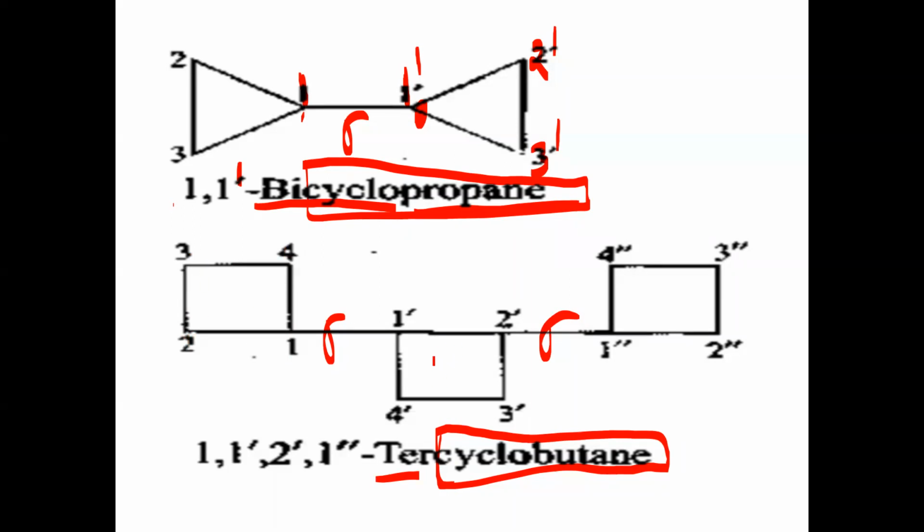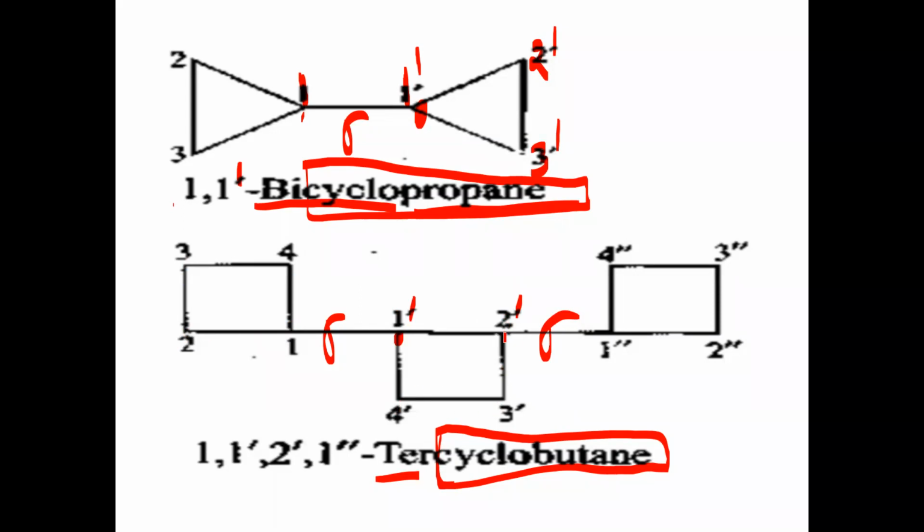Next, in this ring, the connecting carbon should be given 1 dash, 2 dash. First we have to go along the horizontal path, numbering 1 dash, then 2 dash. Here also 1 and 2 along the horizontal path. So 1, 2, then we have to go 3, 4. Here 1 dash, 2 dash, then 3 dash, 4 dash.